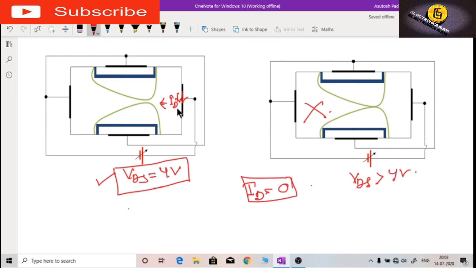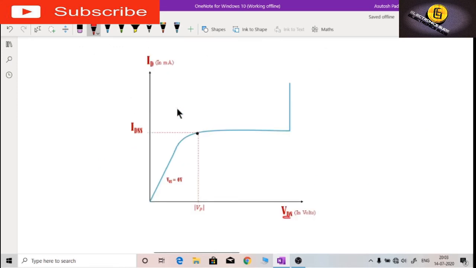Then what will be the shape of the graph? This is the graph. For a lower value of VDS, let's assume up to 2 volt, the channel will behave like a perfect resistor, due to which ID is linearly increasing, something like this.